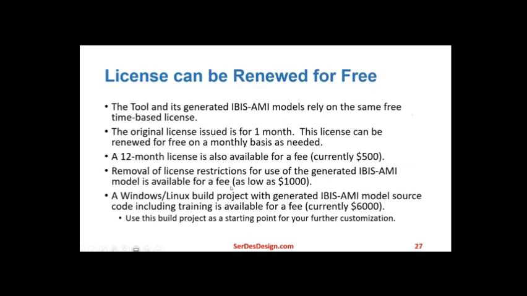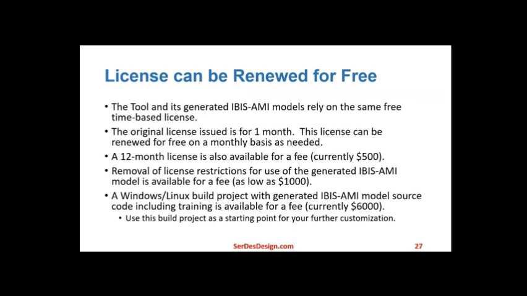The tool and its generated IBIS-AMI models rely on the same free time-based license. The original license issued is for 1 month. The license can be renewed for free on a monthly basis as needed. A 12-month license is also available for a fee.